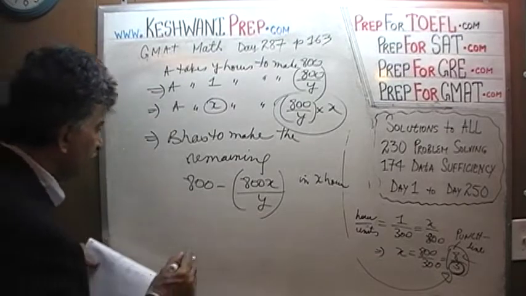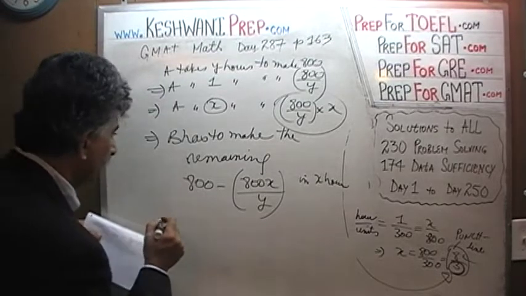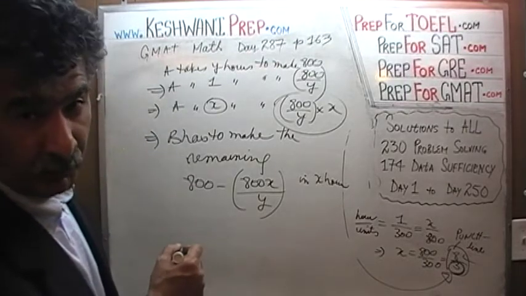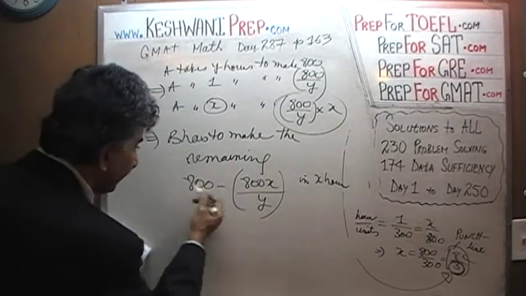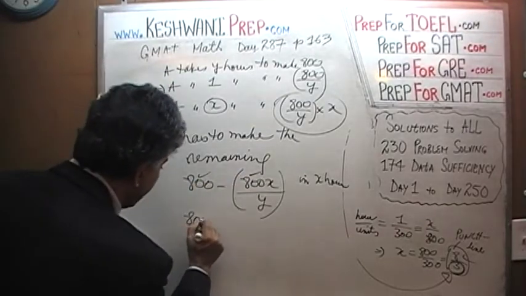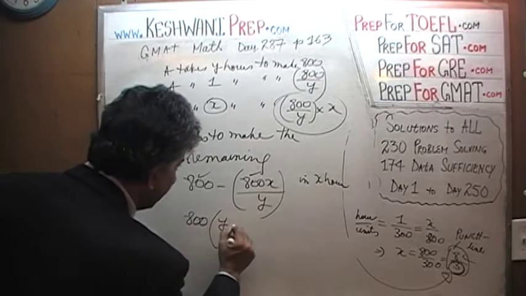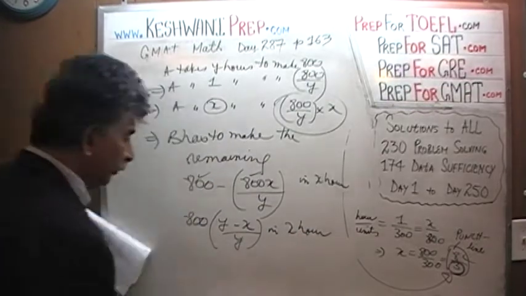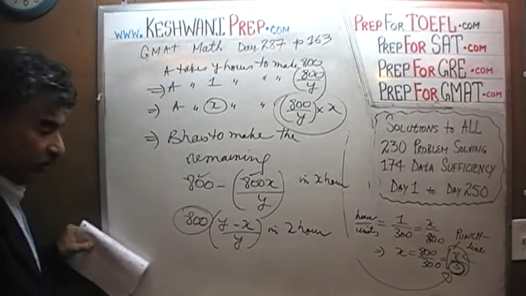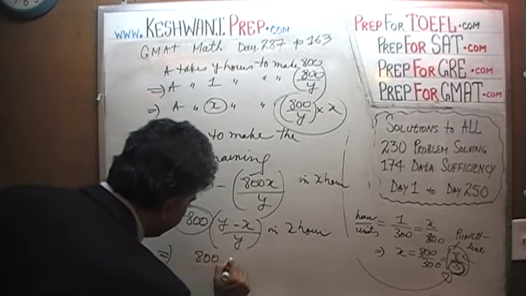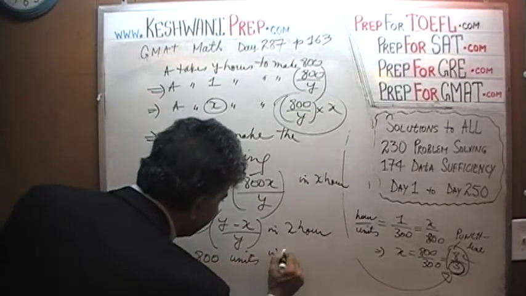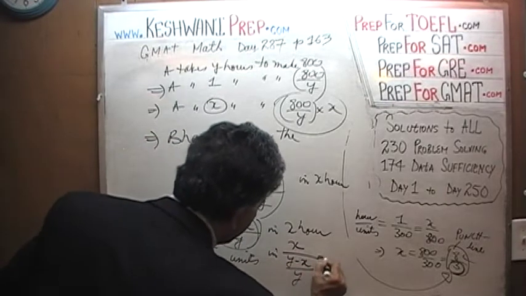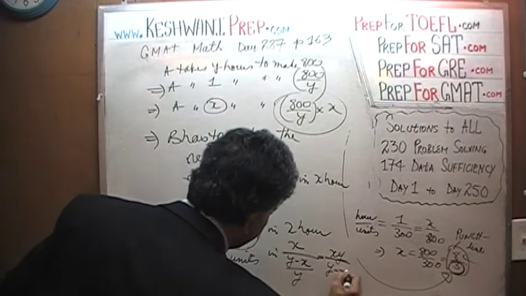Let's simplify this thing. I'm not going to actually show all the algebraic steps. If I need to show all the algebraic steps, then this is not meant for you, and you understand? So if you simplify this, you take out the 800 common, and this is Y minus X over Y in X hours. We don't need to make this many units, we just need to make 800 units, and that implies that we can make 800 units in X divided by this quantity, Y minus X over Y, which boils down to X times Y over Y minus X.